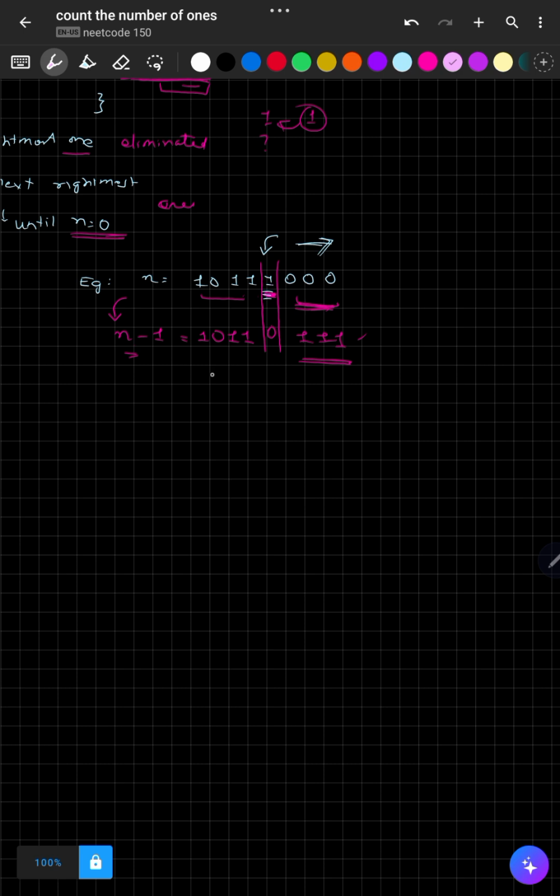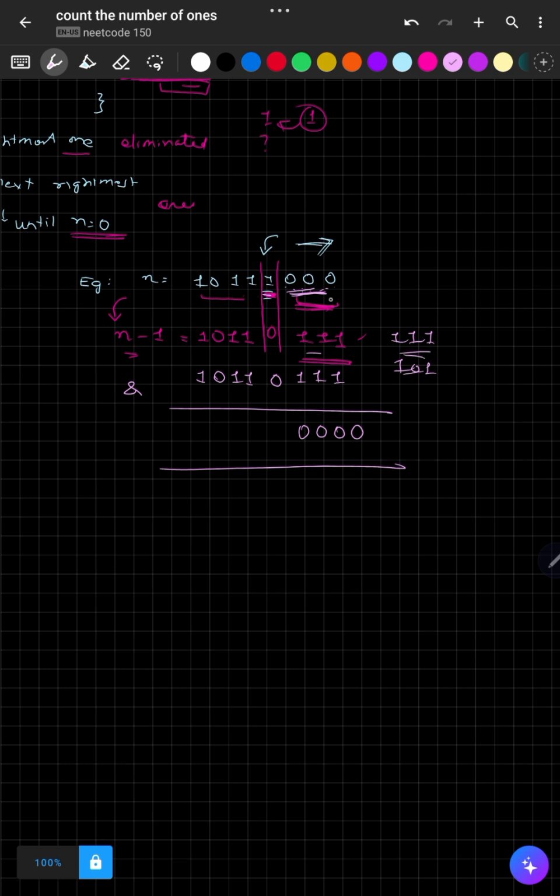So that's actually 1011011. But whatever it is, we know that when we are ANDing it, since one digit present is 0, no matter what these digits are, always it is gonna be 0. Whether it could be 111, whether it could be 101, whatever it is, this always becomes 0 because these digits are 0.